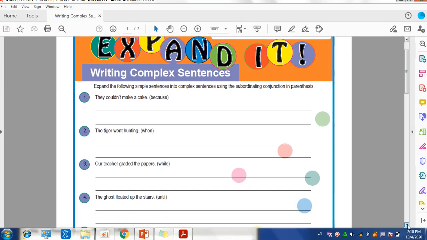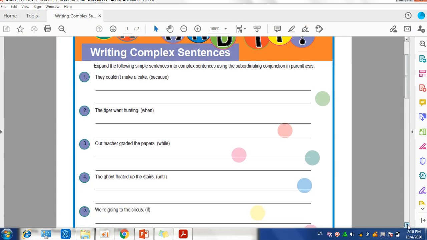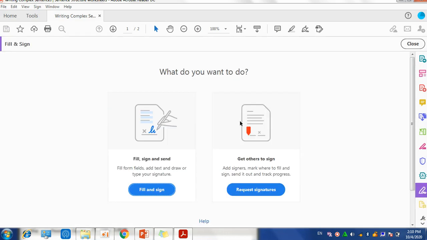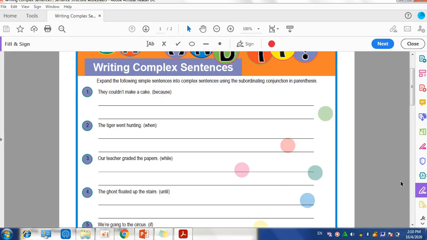Let's make some lines here as a practice. We need you to expand the following simple sentences into complex sentences using the given subordinating conjunction in parentheses. They couldn't make a cake because.